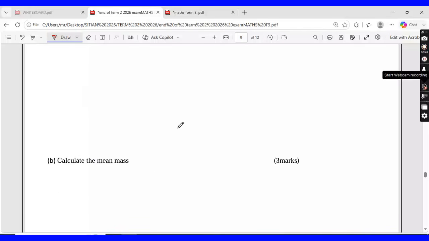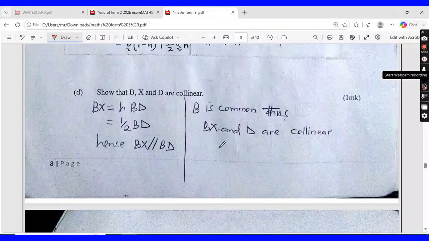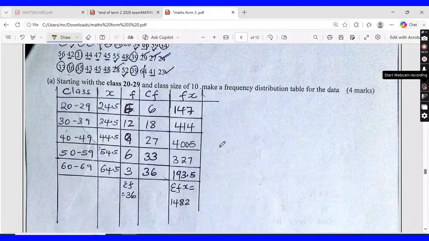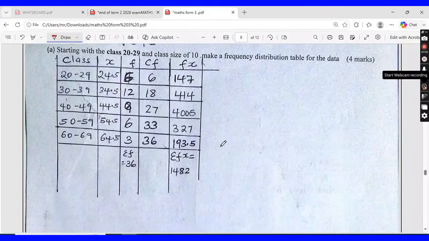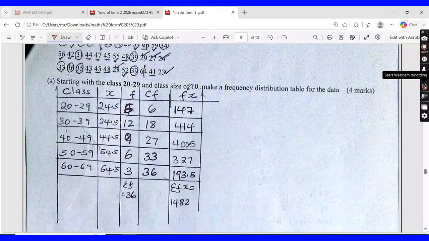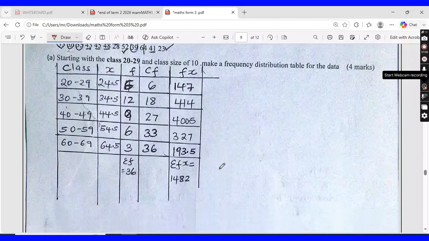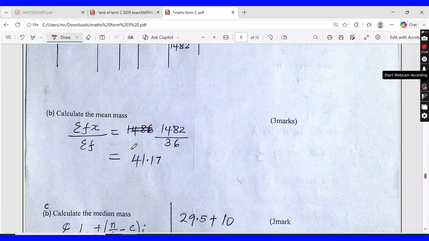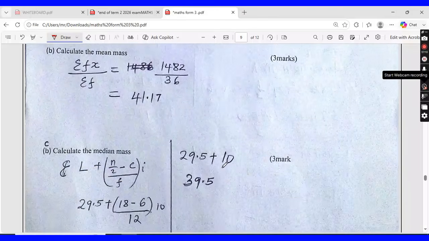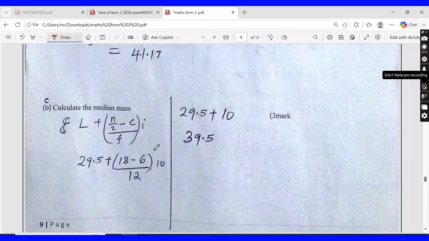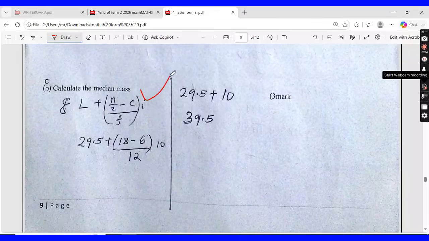That is paper 1, question four to work. So make sure you get these answers. Then be able to calculate the mean and calculate the median using this formula.